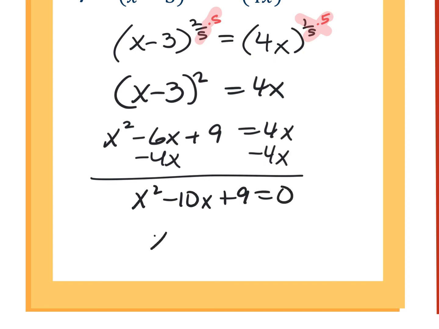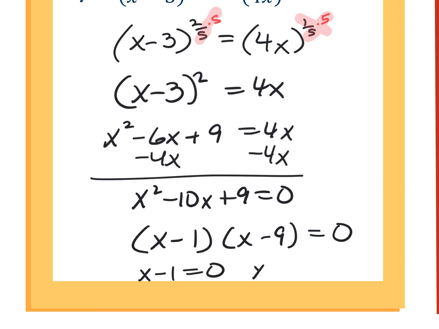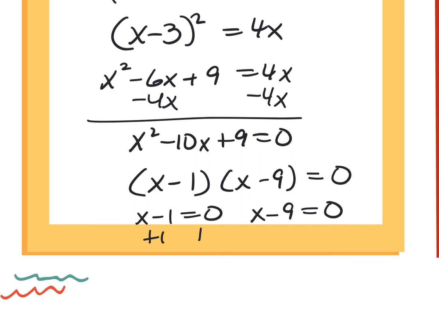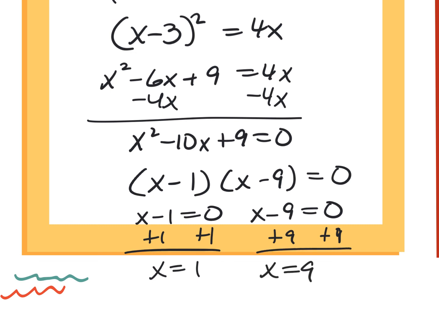Factors of positive 9 that give me negative 10 are going to be negative 1 and negative 9. Set each factor equal to 0. Solve for x. I'm going to add 1 on this one. X equals positive 1. Going to add 9. X equals 9. Again, I got to check, so I'm going to plug them in.